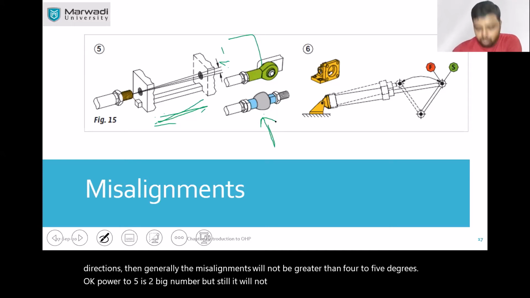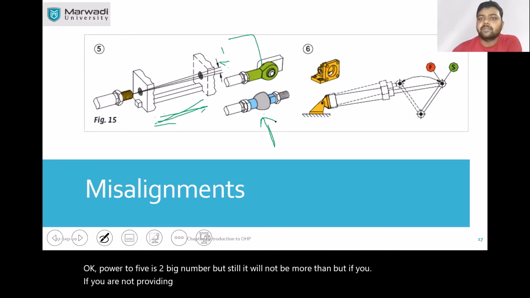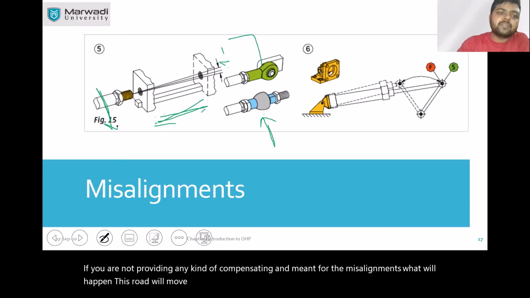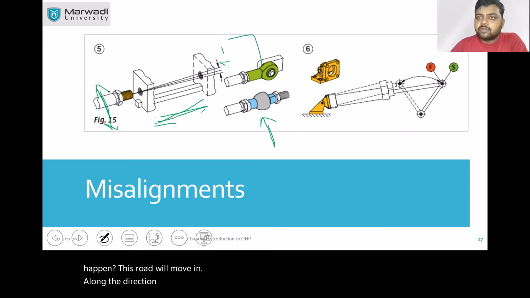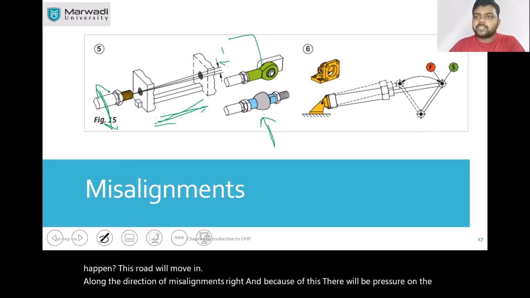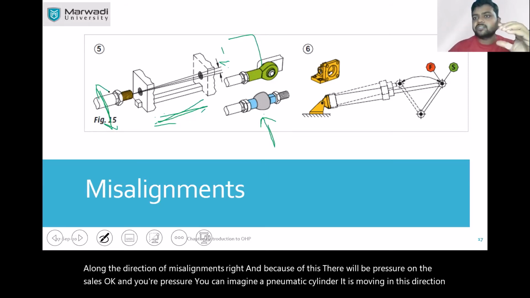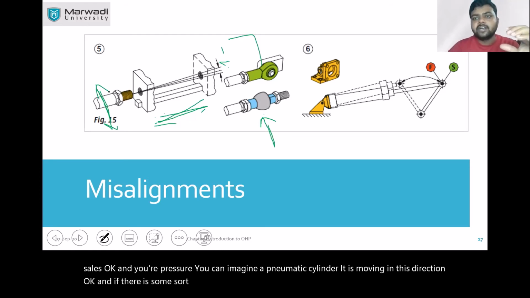But if you are not providing any kind of compensating arrangement for the misalignment, what will happen? This rod will move along the direction of misalignment, right? And because of this, there will be pressure on the seals. You can imagine a pneumatic cylinder moving in this direction, and if there is some sort of misalignment, it will destroy the seals.